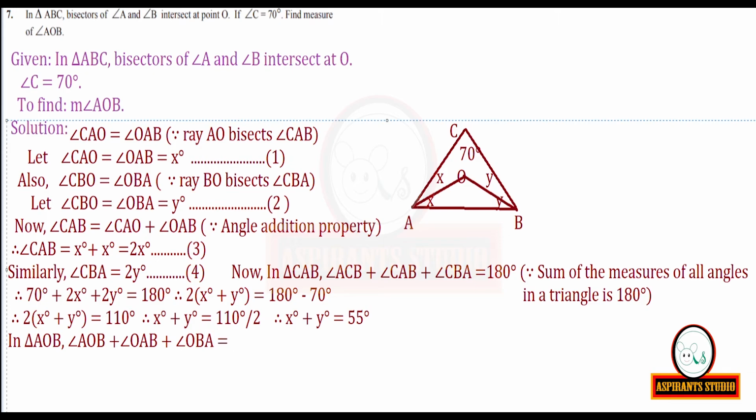You have to write the reason by the side of it. Sum of the measures of all angles of a triangle is 180 degrees.